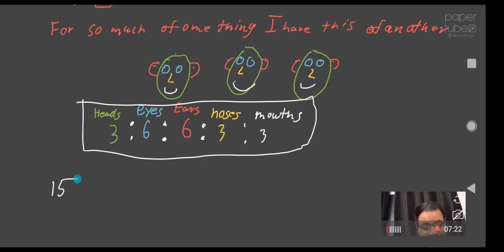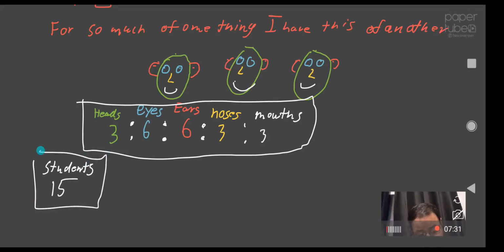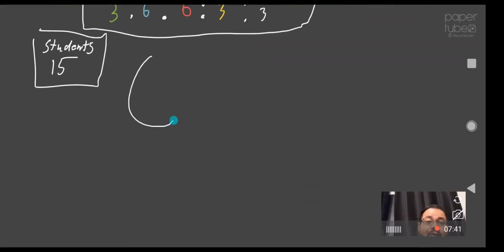And for each student, I want to give them, in each of their little bags, which is going to look like this, I know I'm not the best drawer, but let's just pretend.